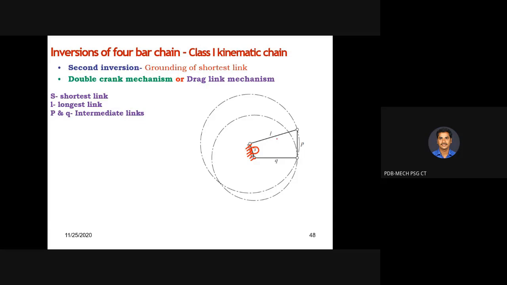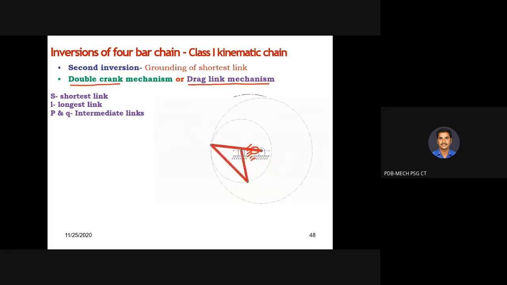So link L and link Q are both going to rotate a complete 360 degree rotation whenever you are fixing the shortest link. If you fix the shortest link, the other two links are going to rotate complete revolutions, which is called a double crank mechanism, or sometimes a drag link mechanism.